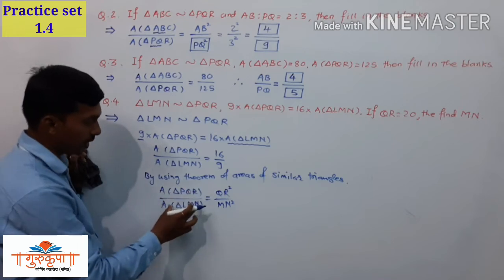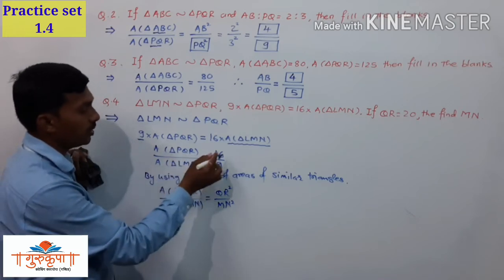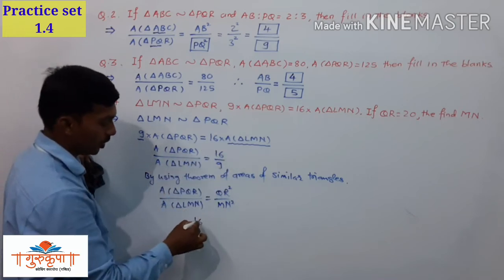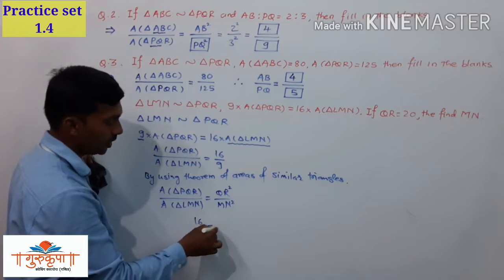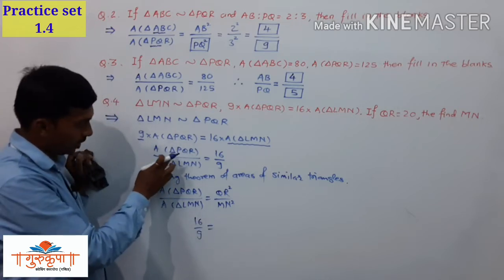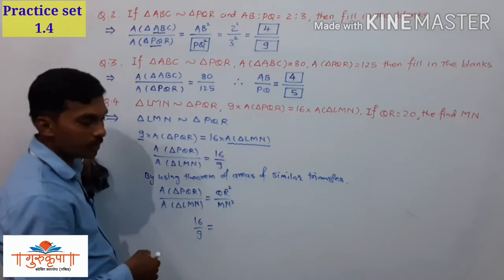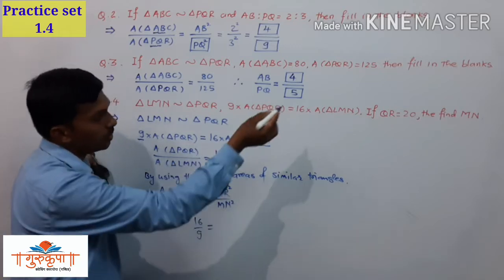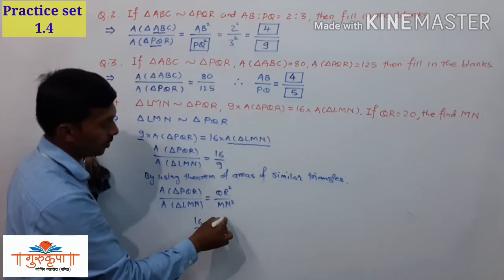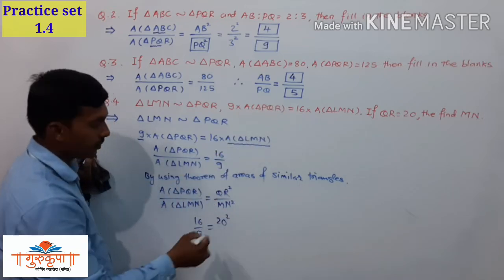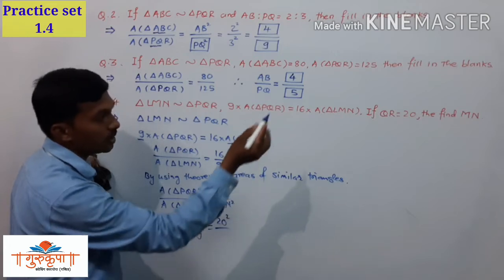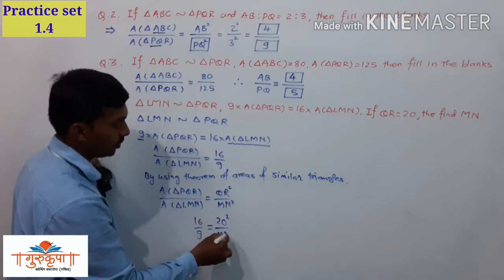We know that area of triangle PQR upon area of triangle LMN is given as 16 upon 9. It is equal to QR, which is given as 20, squared, divided by MN, which we have to find, so MN square remains as it is.